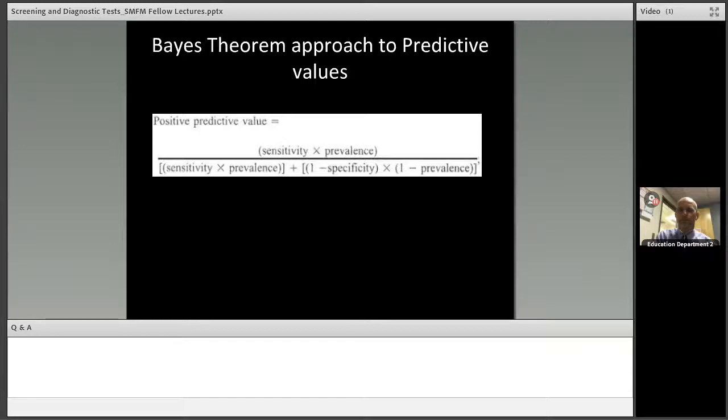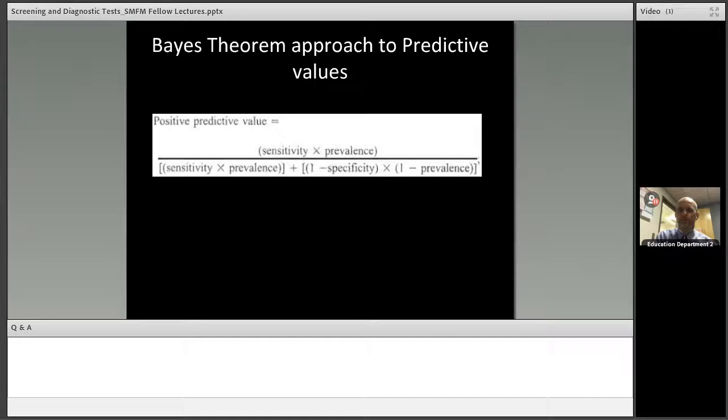So you may have the sensitivity and you may have the specificity of the disease, but you may not have the predictive values, and all you have is the prevalence of the disease in the population. And so we have a formula here that can be used to calculate a positive predictive value in that situation. This is the Bayes theorem approach.